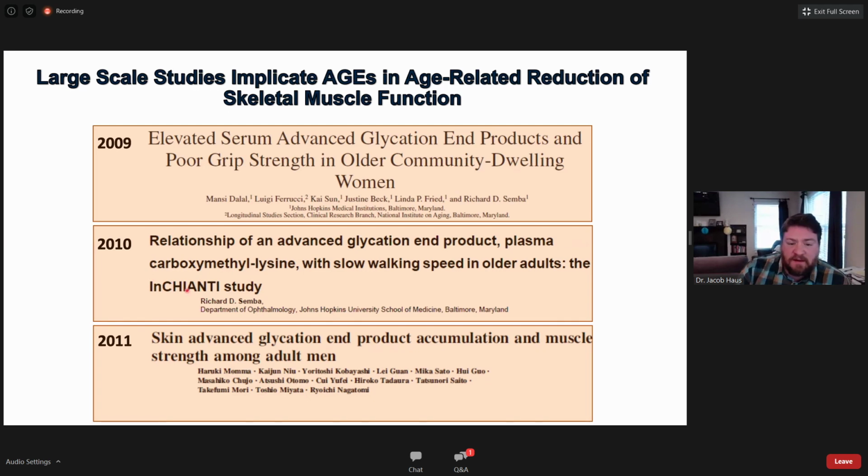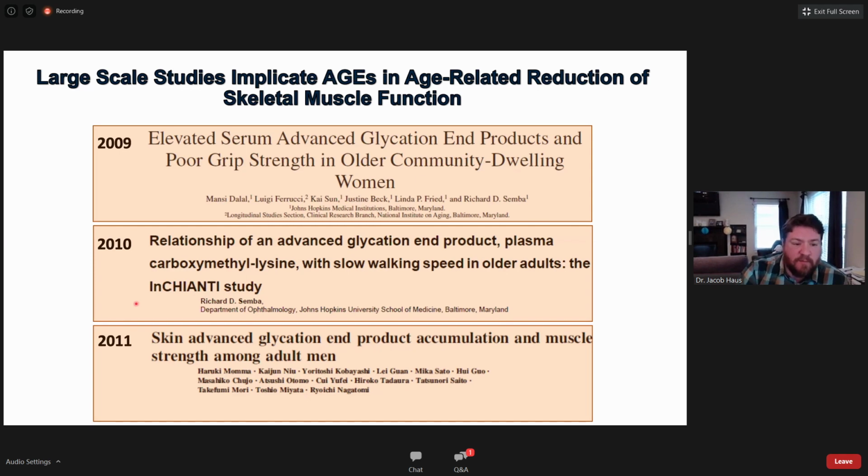The InCHIANTI study is a very famous one in terms of showing that advanced glycated end products were associated with decreased mobility and decreased lifespan in this particular study. And then also the accumulation of these advanced glycated end products in the skin and the muscle also predict mortality in a study here published in 2011.